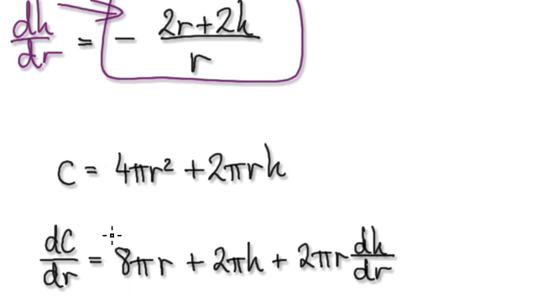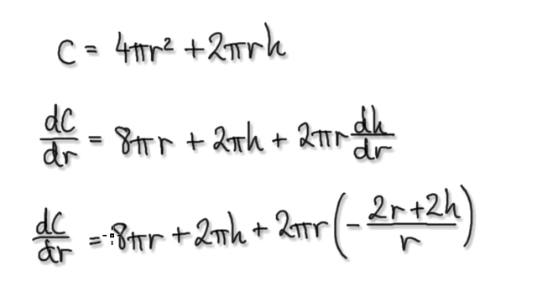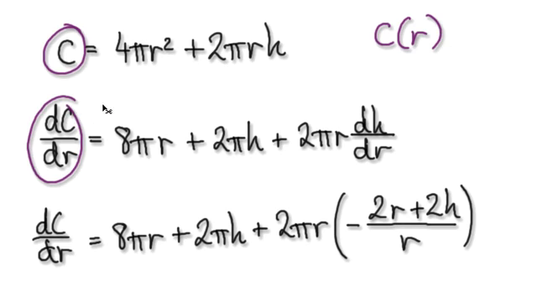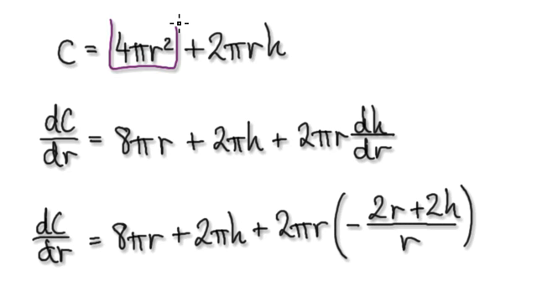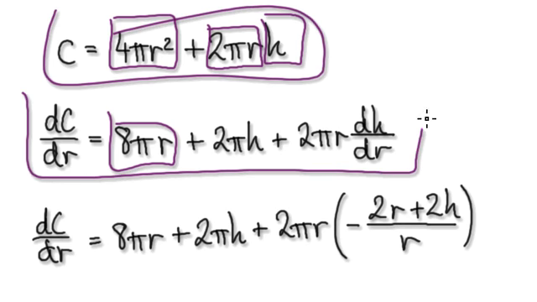Okay, and now we've got to look at the cost. Let's differentiate the cost now with respect to r. So remember that the cost is a function of the radius. When you differentiate this, it becomes this. Okay, and then differentiate this with respect to r. That will then give you this, and don't forget you've got to use a product rule here. So differentiate this, it will then differentiate the whole lot. It will then give you this.